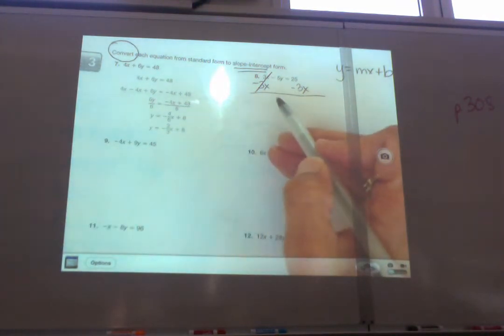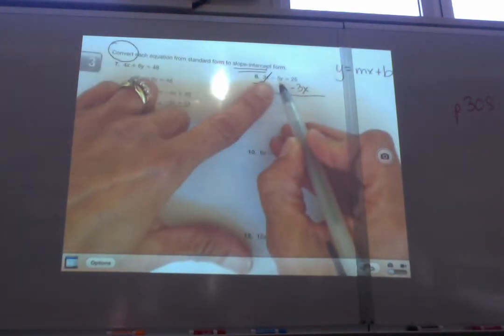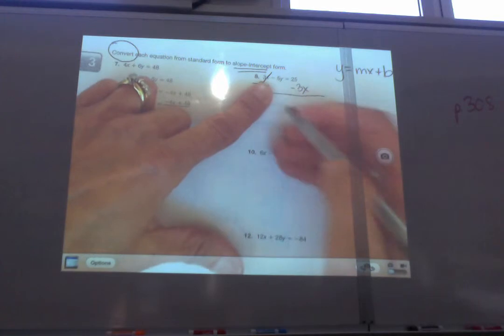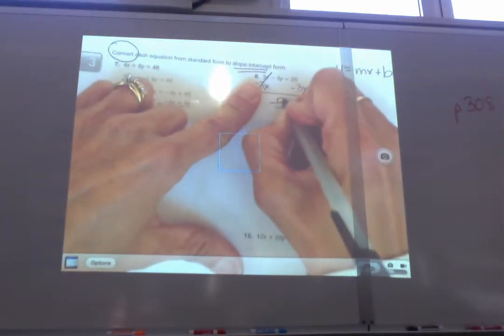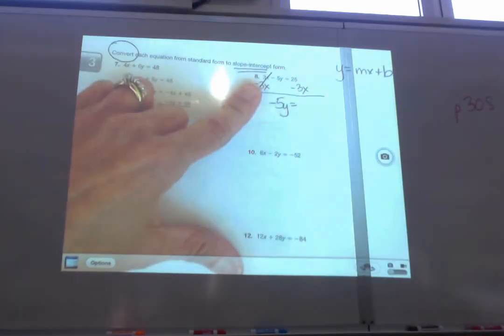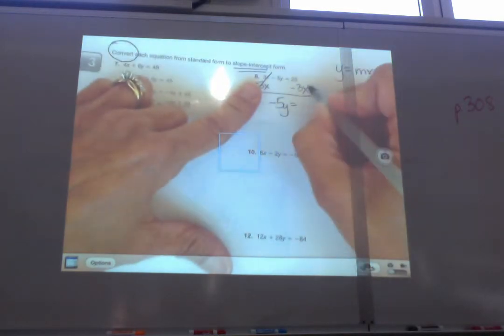Guillermo, earphones out. What's left on this side is a negative 5y. It's important to keep that negative in front of the 5. Now this x and that 25 are unlike terms, so I'm just going to write them side by side. They don't actually subtract.